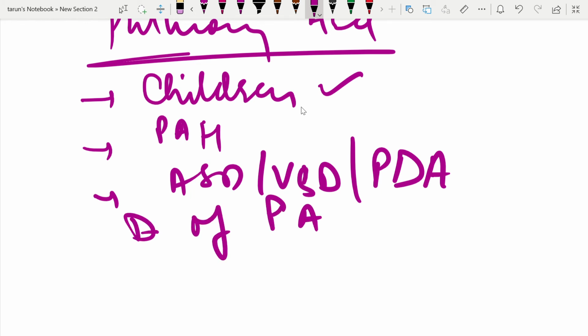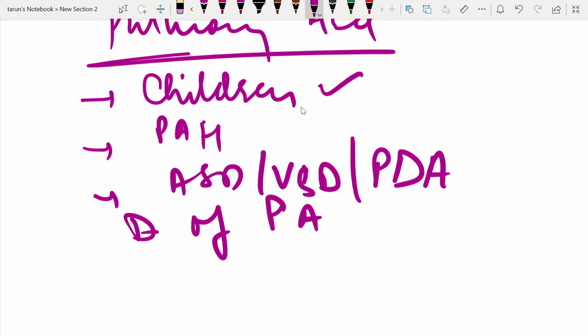So the causes are physiological in children, pulmonary artery hypertension, ASD, VSD, PDA, and idiopathic dilatation of the pulmonary artery. You will get pulsations over the pulmonary area.